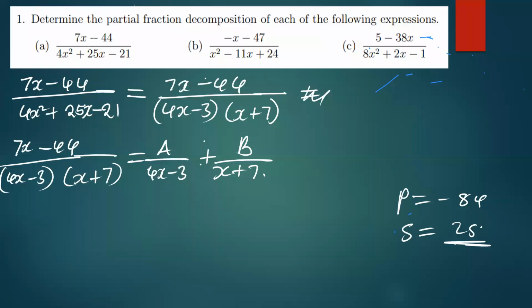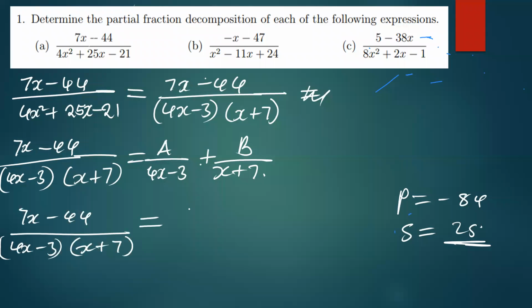So what you do here is you find the common denominator. So this is going to be 7x minus 44 over 4x minus 3, and then open brackets x plus 7. And this is going to be equal to, this side we find the common denominator, which will simply be what you have this side.